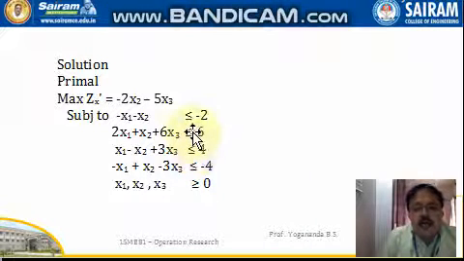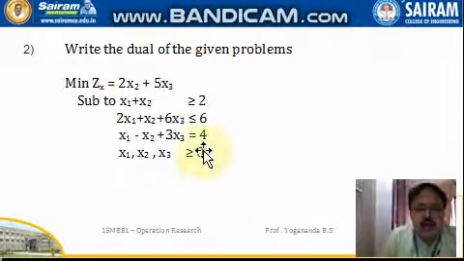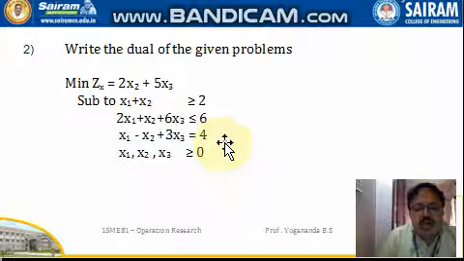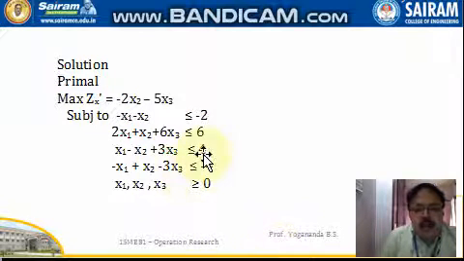So the greater than or equal to constraint is converted to less than or equal to by multiplying both sides by minus 1. The equality equation will have two equations now in standard canonical form.